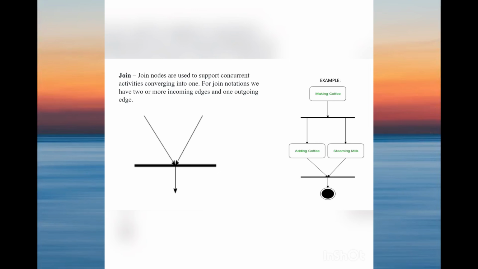The evaluation is not interrupted by any tokens offered during the evaluation, nor are concurrent evaluations started when new tokens are offered during the evaluation. So there's an example. When both activities, steaming the milk and adding coffee, get completed, we converge them into one final activity notation.